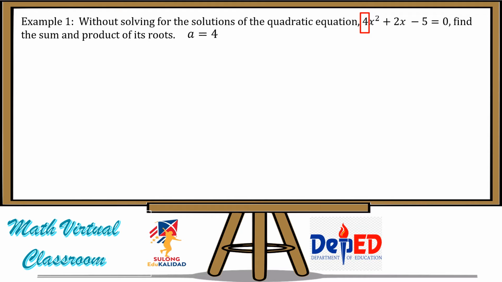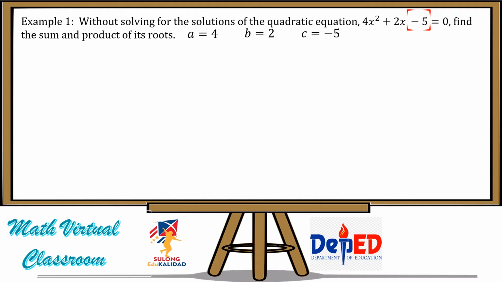So a is equal to 4, while the value of your b is the coefficient of x, and that is 2. So b is equal to 2, and c is our constant, that is negative 5. So c is equal to negative 5.